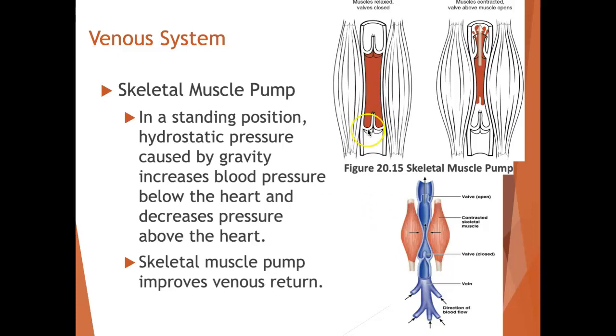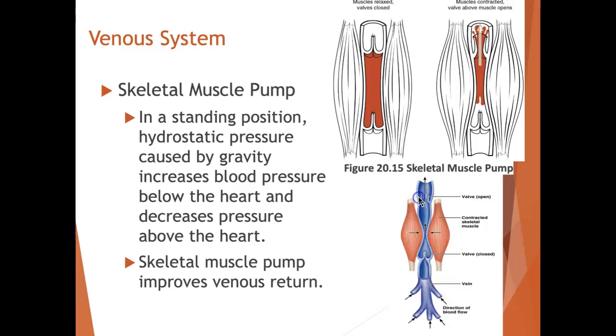So our skeletal muscles that we find surrounding our veins are going to be able to contract, which push on our veins and allow a one-way flow. And of course, those valves open up to allow the blood to move in. And if it tries moving backward, the valve catches it to ensure it moves in one direction.